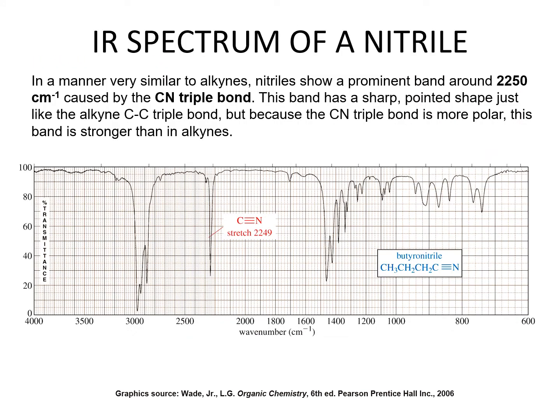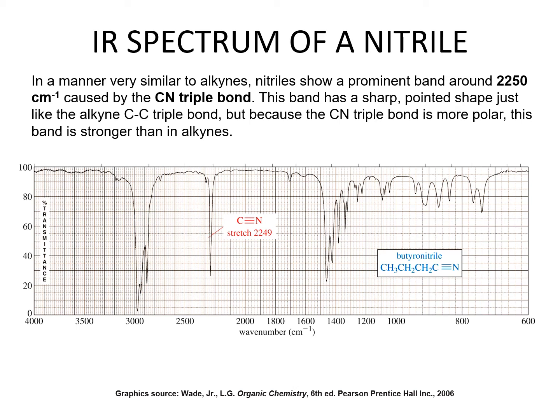Nitrile. Nitriles are the nitrogen-containing triple bonds, the carbon-nitrogen, where the triple bond exists between carbon and nitrogen. So you see that the absorption is a little bit increased by 115 compared to the absorption of a given alkyne. That's simply because of the difference in polarity between carbon and nitrogen.